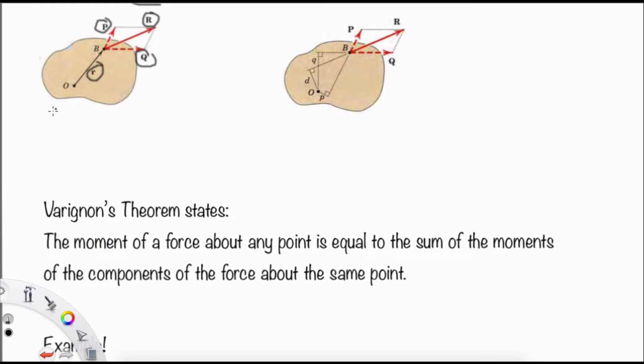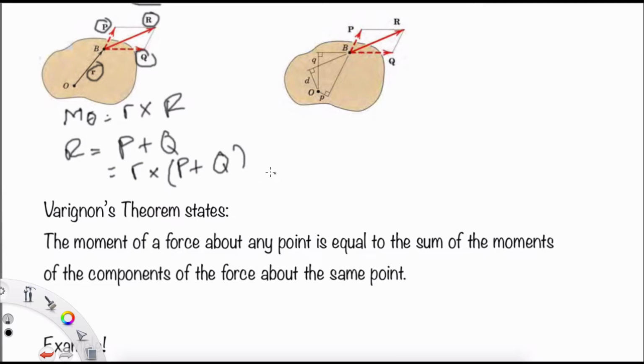So we have the equation at the point O: M equals r times R, where R is P plus Q. By using the distributive law, we can write this as r times P plus Q.